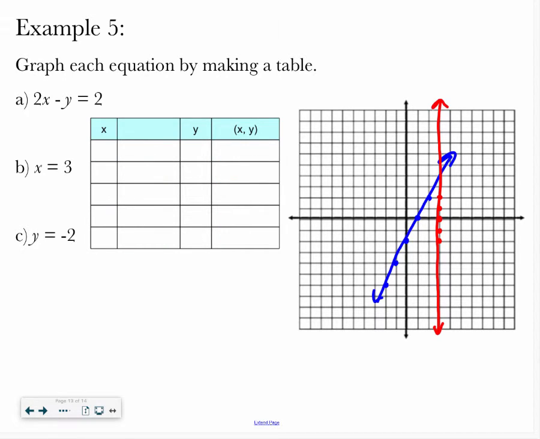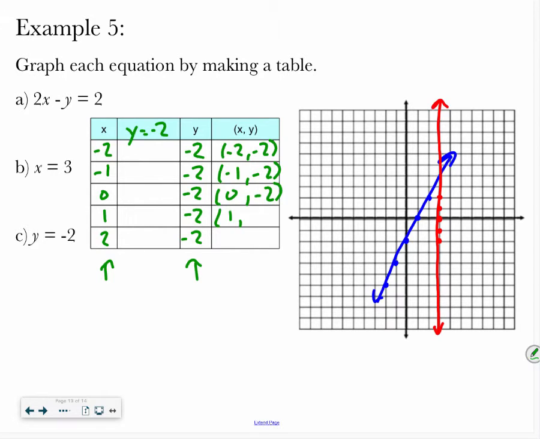Now, let's see what happens when y always equals negative 2. So when x equals negative 2, negative 1, 0, 1, and 2, because those are my points, I have nowhere to plug in an x. So that means these become my points. I have negative 2, negative 2, negative 1, negative 2, and so on. Okay?